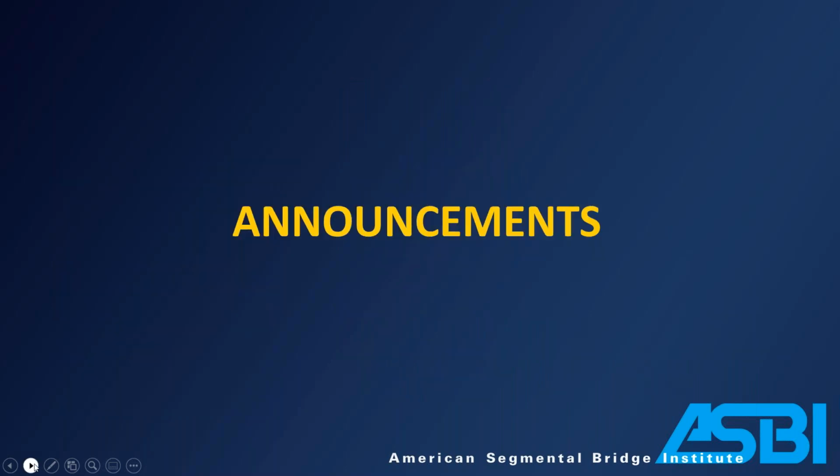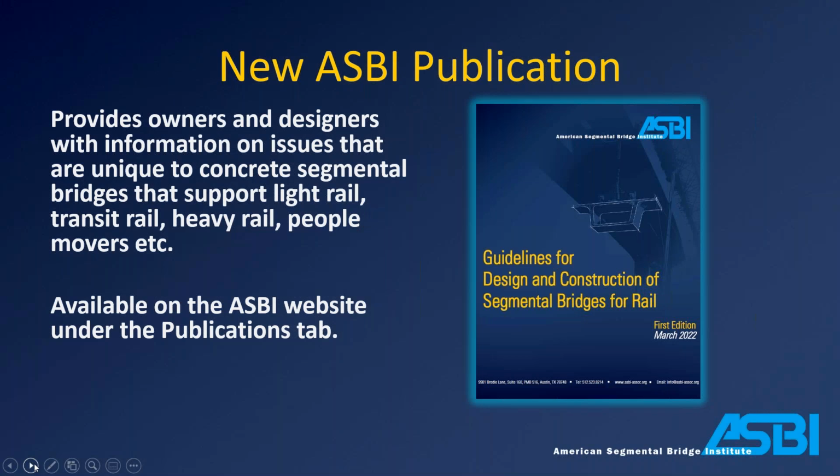So some quick announcements. The first is we have a new publication on guidelines for design and construction of segmental bridges for rail. That is segmental bridges that support rail structures, whether it's transit rail, heavy rail, people movers, those kinds of things. You can find that publication as a free download on the ASBI website under the publications tab.